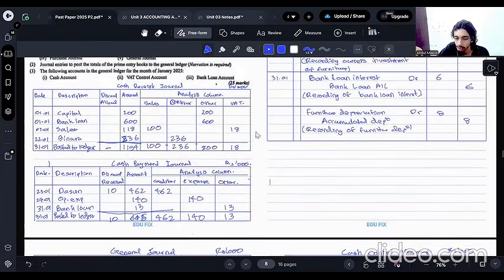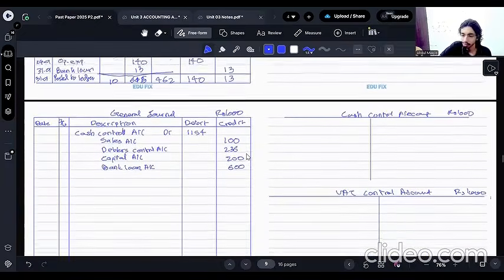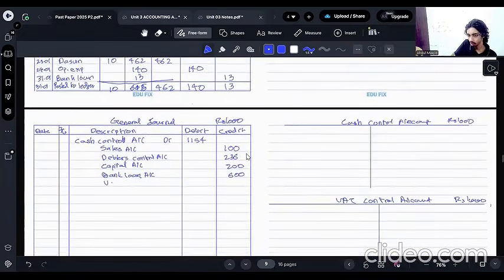And here sales the VAT 18. VAT control account will be credited by 18,000. So what you're gonna say here, posting of the totals of cash receipt journal to the ledger.